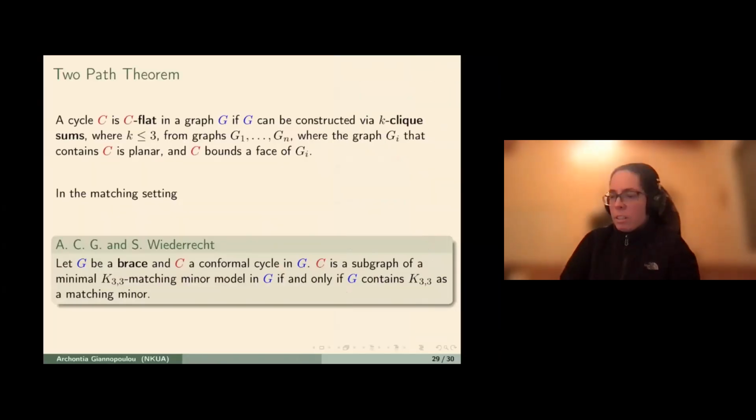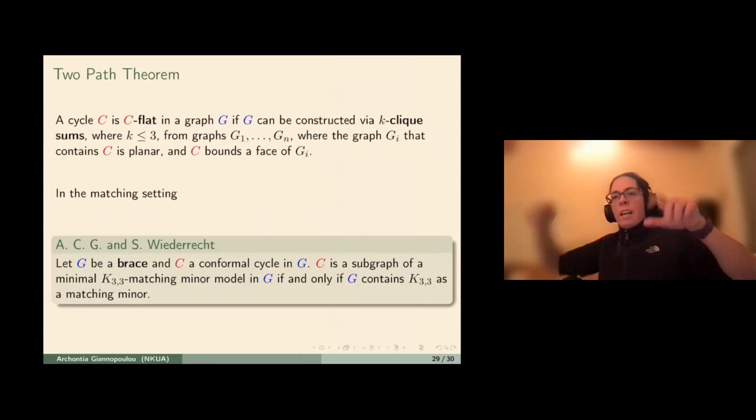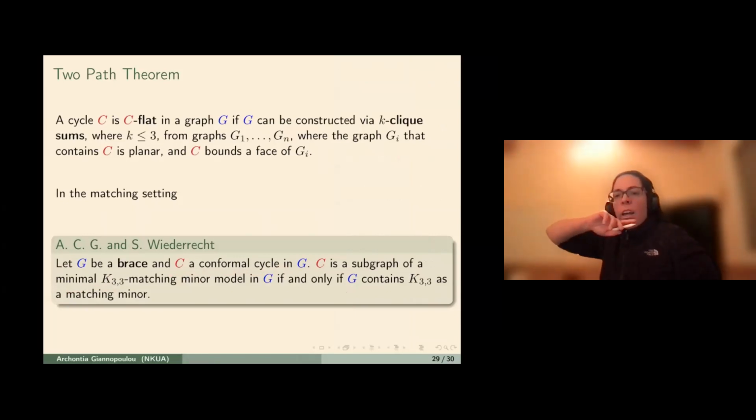I will not discuss the general case, but in our case, if we're given a brace, which is basically a bipartite graph with no nontrivial tight cuts, and C is a cycle in G, then C is a subgraph of a minimal K33 matching minor model whenever G contains K33 as a matching minor. So if we contain K33 as a matching minor, we can put the cycle inside such a model and use the vertices and the paths of K33 in order to construct our cross.